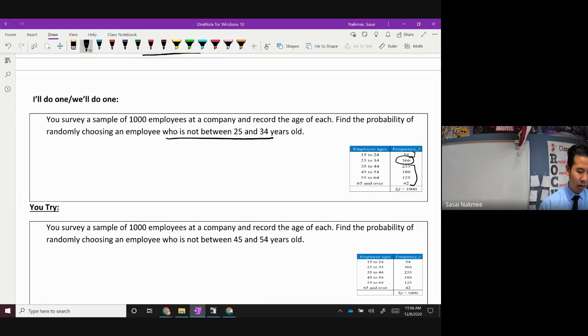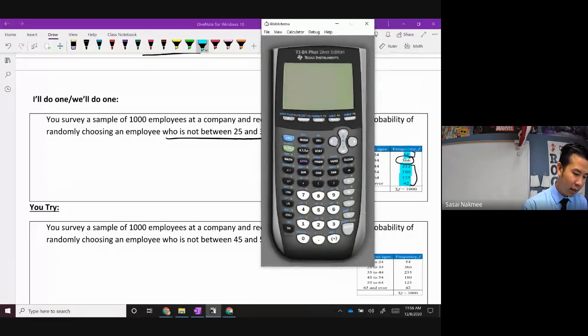I can just see that it's going to be those numbers right here out of 1,000. Wait, that's it? Yeah. Is that all it's asked for? Yeah, so you have to know how to get that number, though. And then you could do the probability just like you would for the previous stuff. So for this particular problem, I would take those numbers right there, and I say, what's the complement of people who are between 25 and 35?